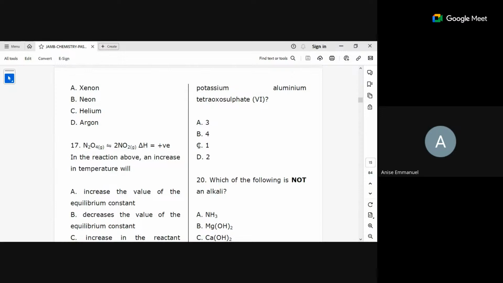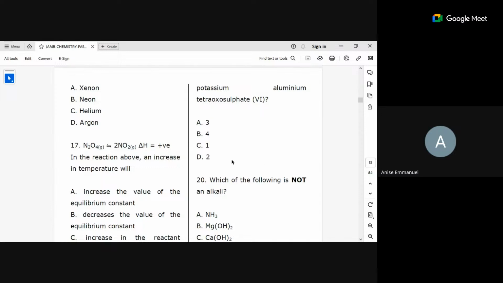In a basic salt, you will see OH. For a double salt, the only way to identify it, very easily, without wasting time, is that it gives you 2 cations and 1 anion. That is it. A complex salt involves a ligand in between. So the answer is 2 here.